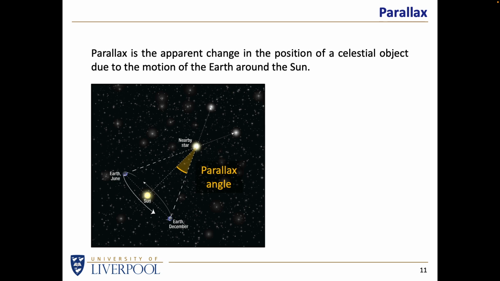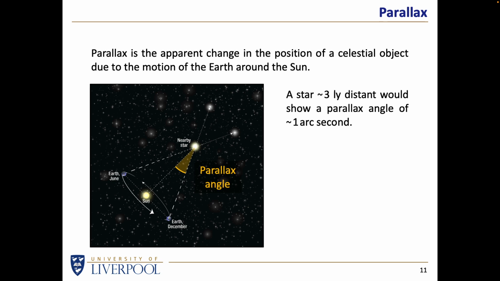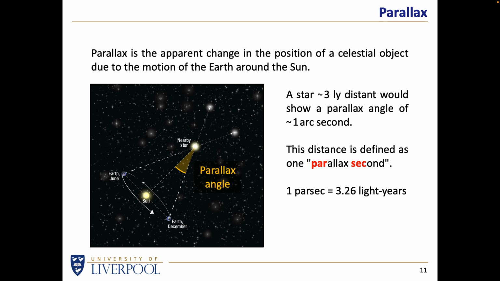If we think about the nearest star, if we had a hypothetical star at 3 light years distance, that parallax angle, because of the motion of the Earth around the Sun, would be 1 arc second. And that defines the distance of 1 parsec, the distance at which the parallax is equal to 1 arc second. Turns out that 1 parsec is just over 3 light years, 3.26.